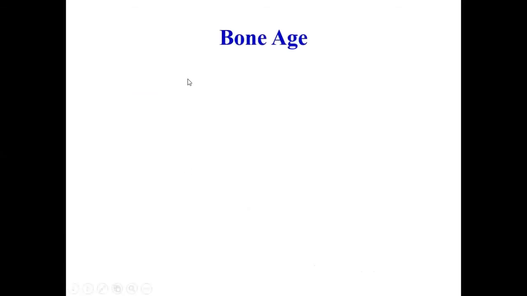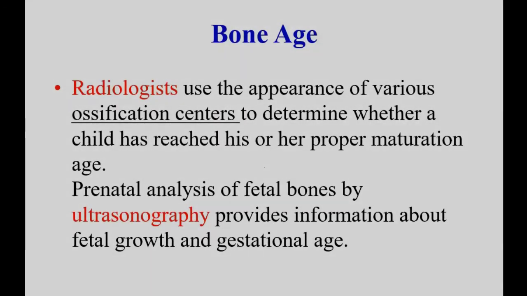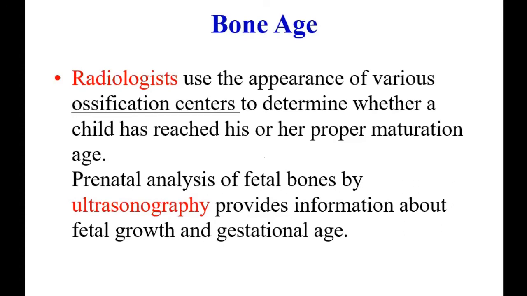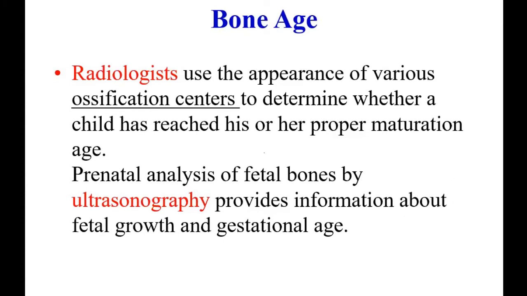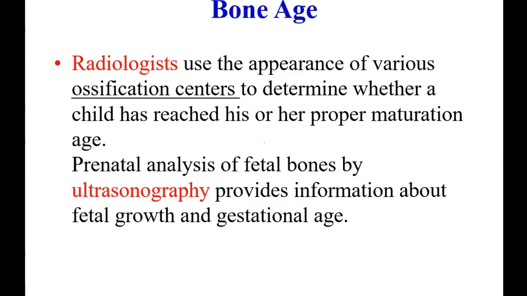Now some clinical conditions related to the bones. In the fetus, primary ossification centers appear at a specific time period, like 8 to 12 weeks of intrauterine life. And these centers are important.